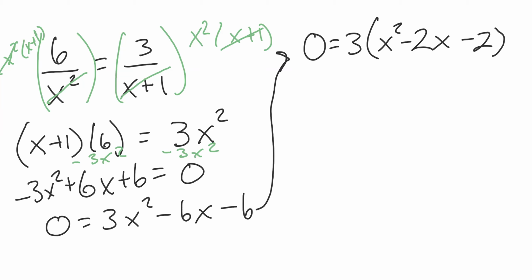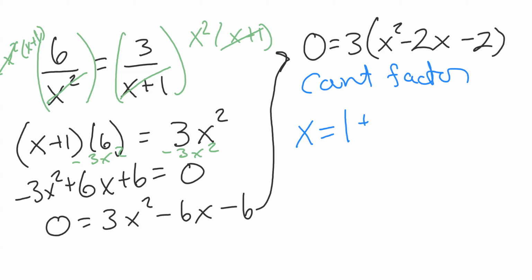So we're going to use the quadratic formula. And if you plug everything into the quadratic formula, we're going to get that x equals 1 plus or minus the square root of 3.